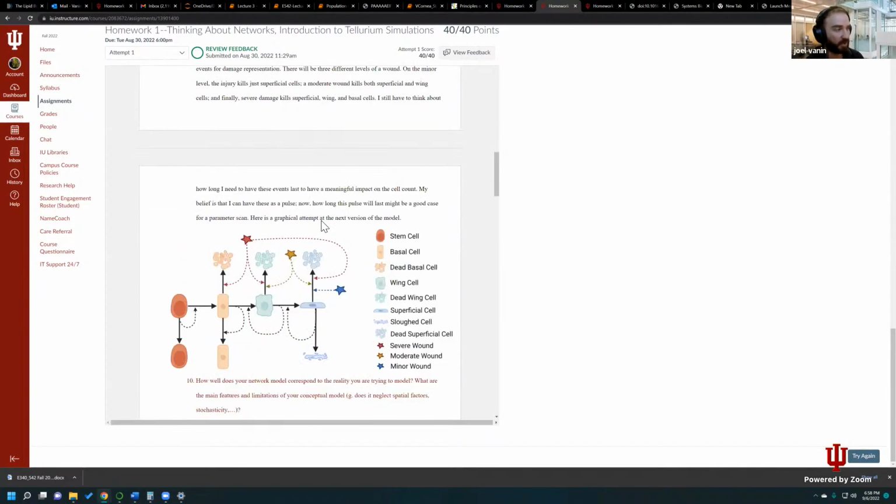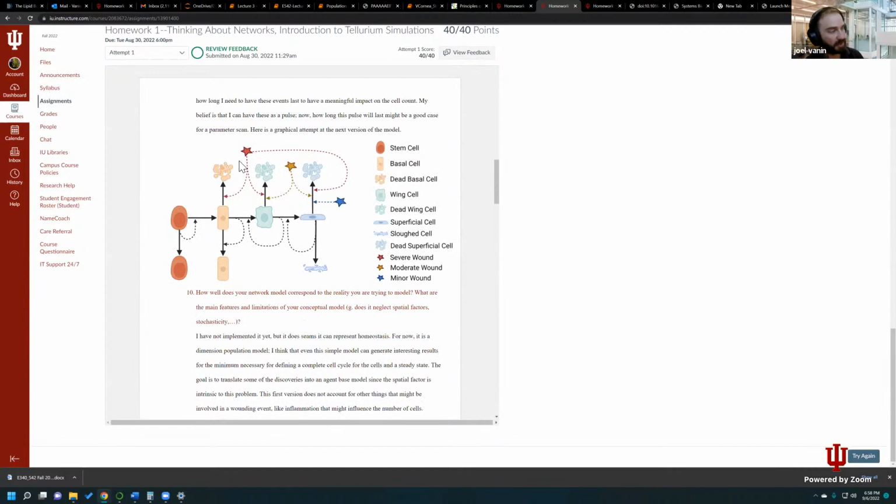If anyone is interested, in the future I can show a little bit more detail. The next step for the model is to introduce some wounds, and depending on the wounds, it will induce some type of cell death. I want to see if the system will recover from those initial wound events.